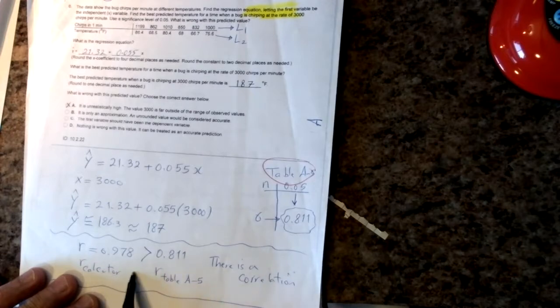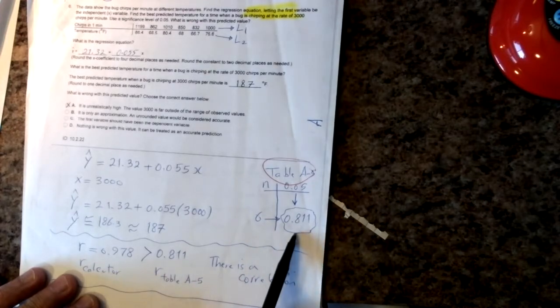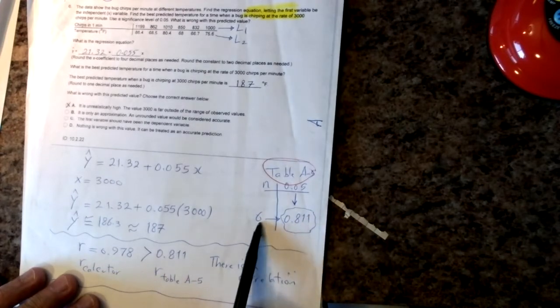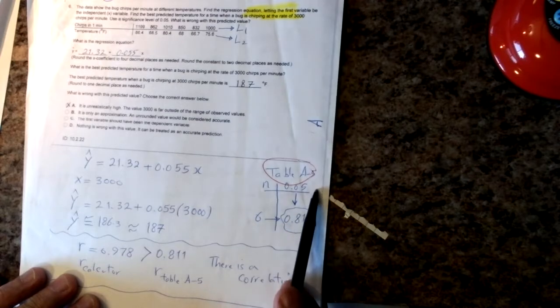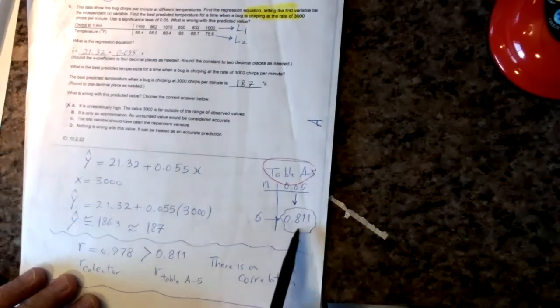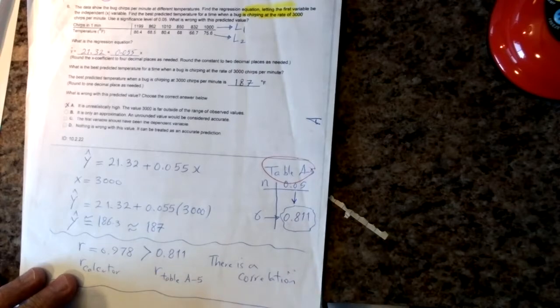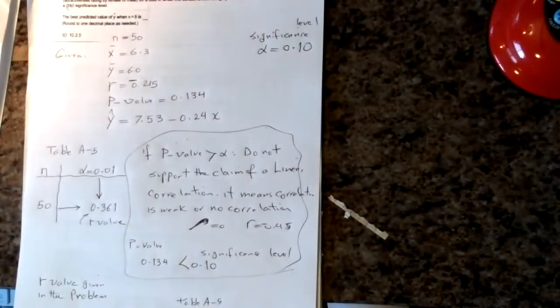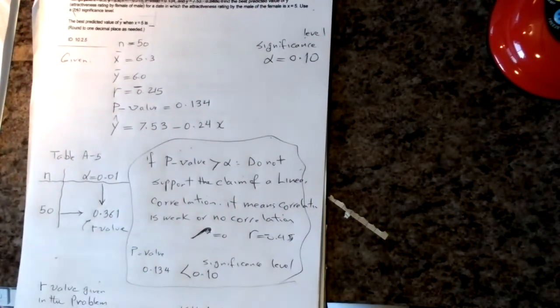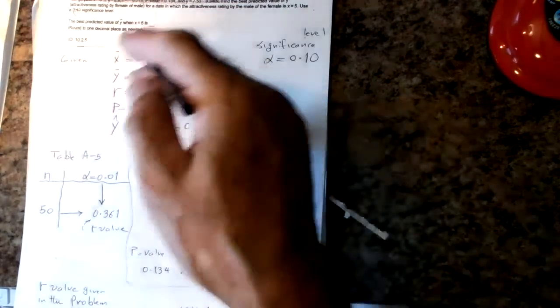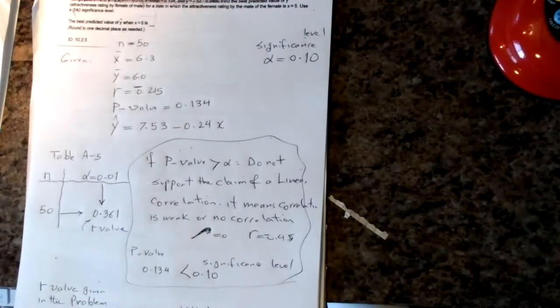It has to be greater than R from table A5. In table A5, in this problem, there were 6 values and alpha was 0.05. So it's 0.81. As long as our number is greater than this, which it is, then we have a good correlation, okay? This is a case where all the numbers are given. You don't have to do any calculation. We already have all the numbers.